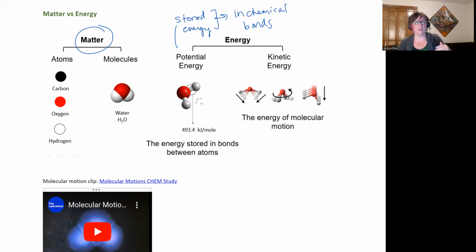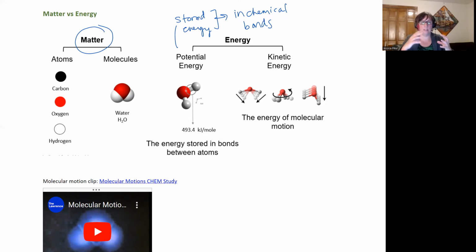So things moving around. In chemistry, that potential energy, instead of being up at the top of a roller coaster or a ladder, is really just the bonds between two atoms. We'll talk about this in more detail, but when atoms come together, they have stored energy between them, and it would be released if you broke it apart.